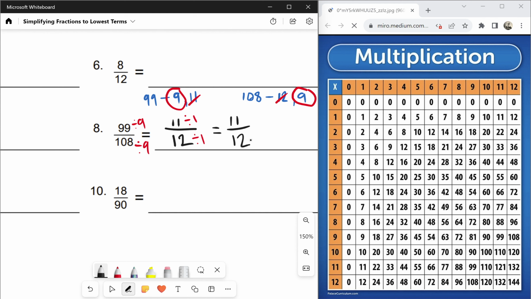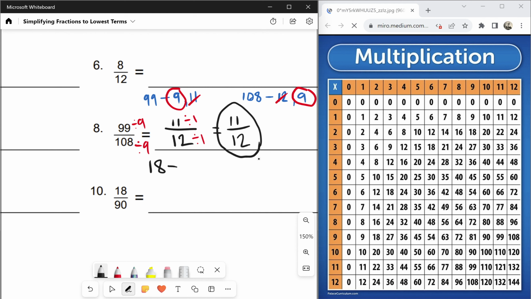So 11 over 12 is, turns out, the lowest terms of 99 over 108. And we found that using our multiplication table. That's probably one of the trickier ones that you'll get. Something like 18 over 90, even 18 over 90, we could do it pretty quick.